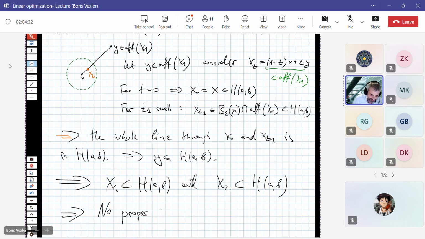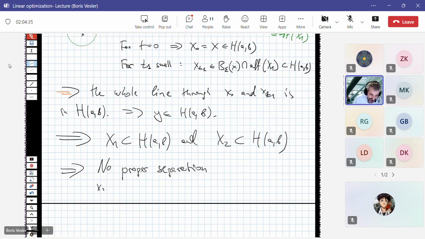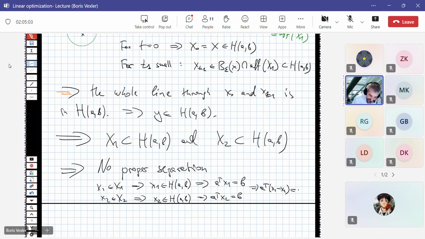If you take x1 in X1, then x1 is in the hyperplane, and therefore A transpose x1 is equal to B. Similarly, if x2 is in X2, then A transpose x2 is equal to B, and therefore A transpose (x1 minus x2) is 0 for all such x1 and x2. Therefore no proper separation.